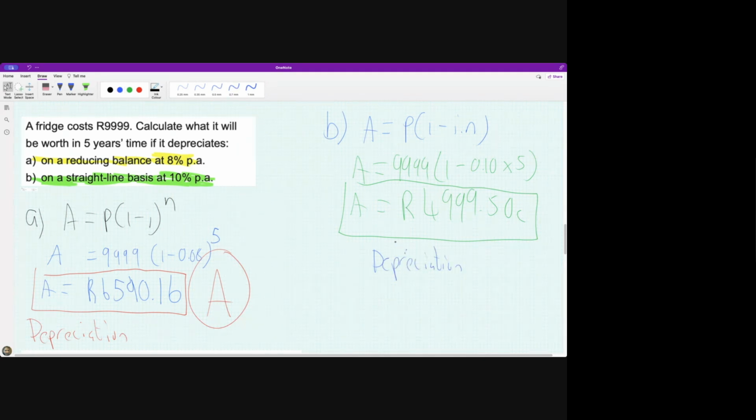Could you work that out? Now, depreciation is different to the depreciation rate. It's the amount of money you've lost. So work out how much money you lost on the fridge in A and in B. What is the actual depreciation amount for A and B?